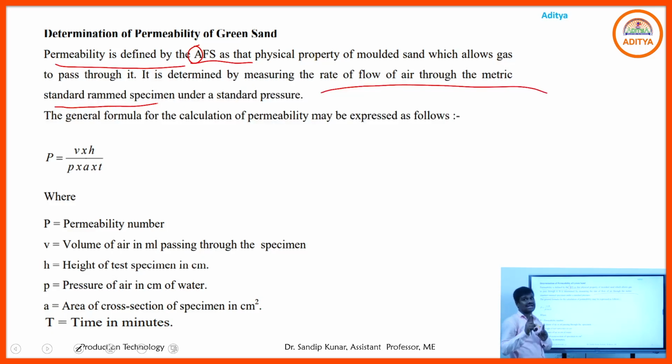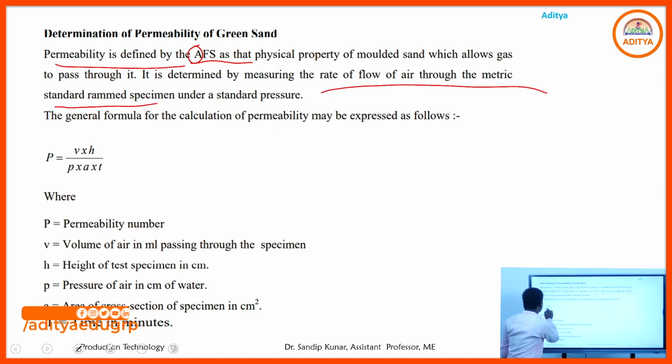After taking that standard specimen, we measure the flow of air through it, which gives the permeability of the standard specimen, after ramming one standard specimen. So what formula do we use?